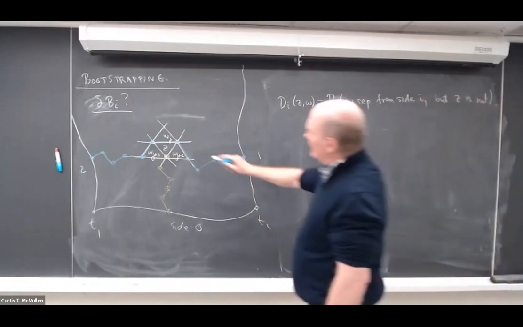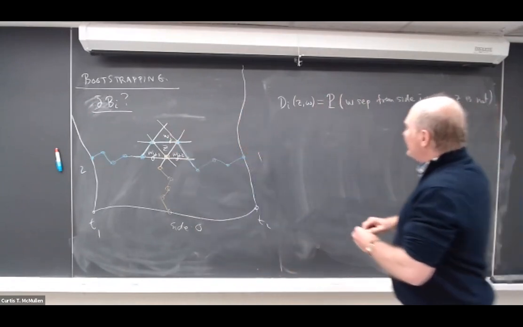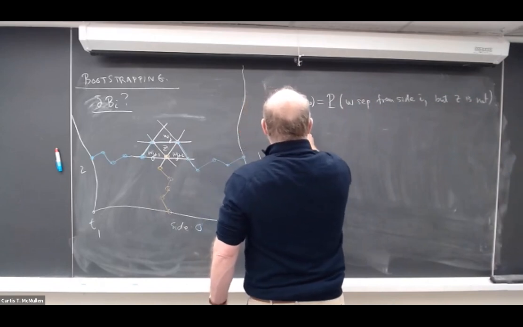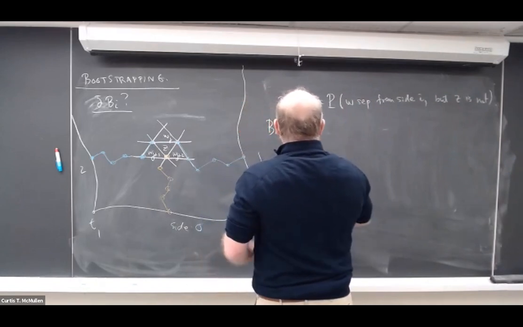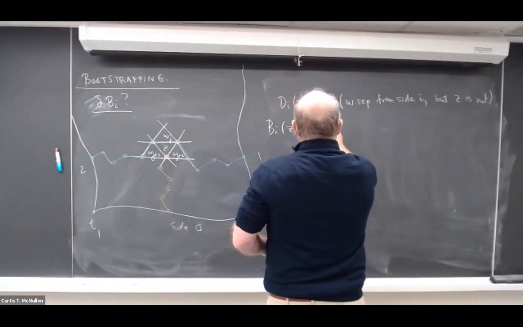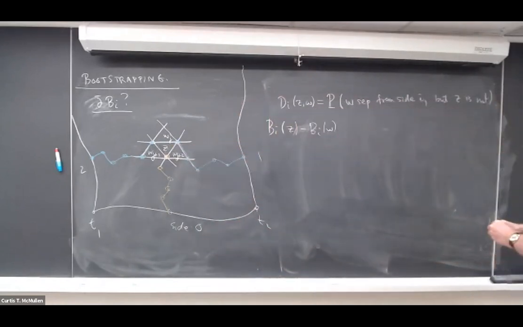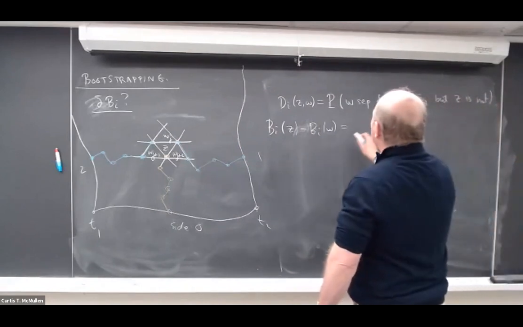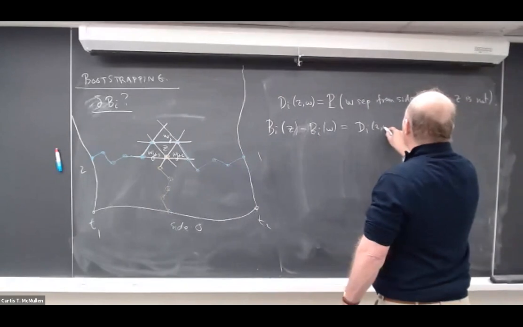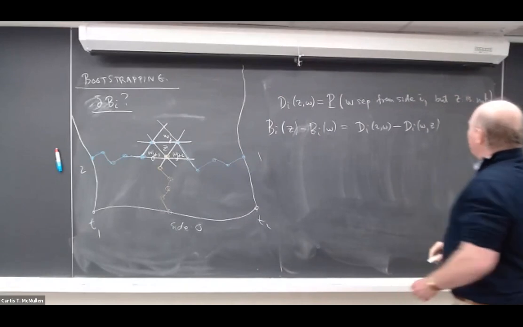Exactly what I've shown here. W is on one side of the line, Z is on the other side of the line. And then one can easily check that the difference, BI of Z minus BI of W, which is sort of a derivative because we're just going across adjacent sites, is equal to a contribution from BI of ZW, minus the same contribution from BI of WZ.